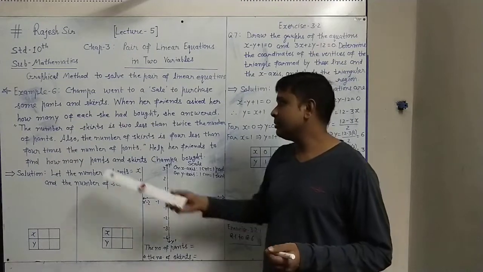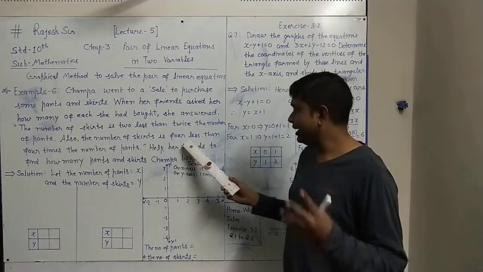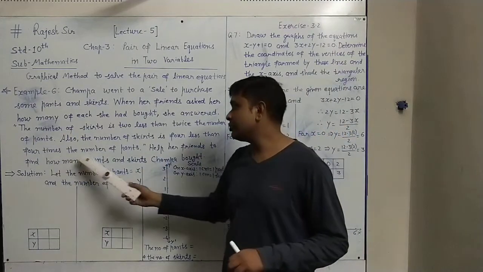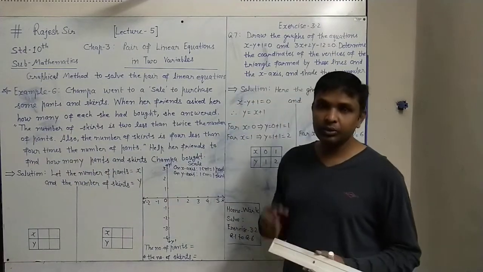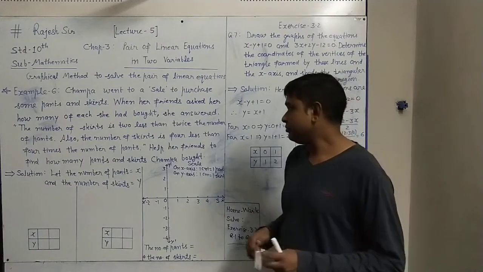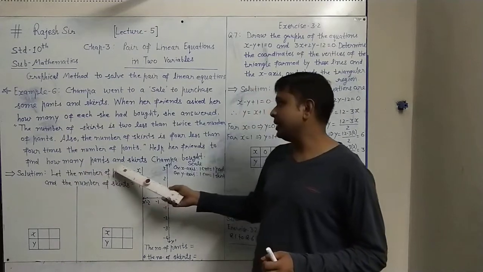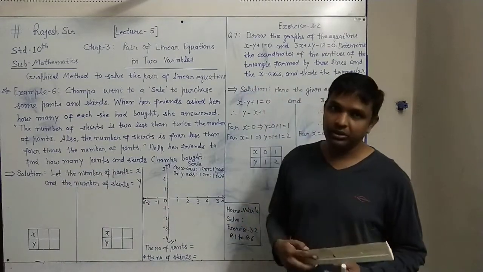And the second statement she told: also, the number of skirts is 4 less than 4 times the number of pants. Help her friends to find out how many pants and skirts Champa bought.